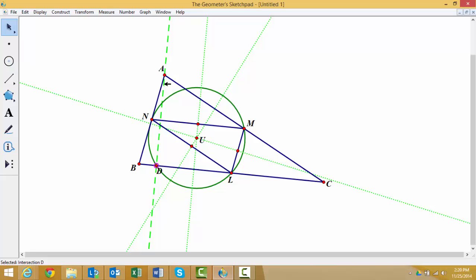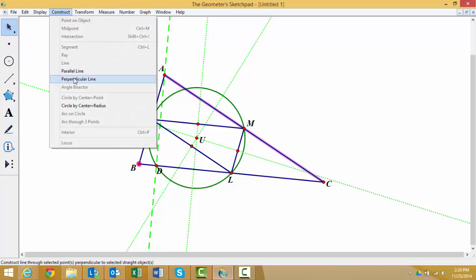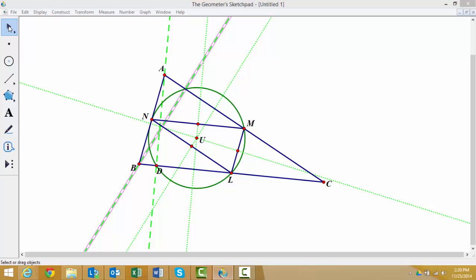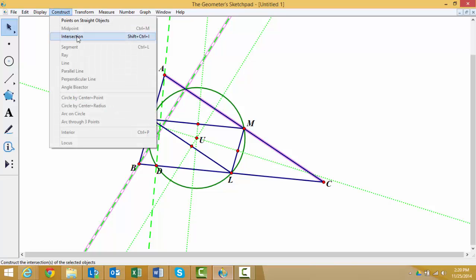So AD is an altitude. I mean AD is perpendicular to BC. Similarly, I'm going to construct the other altitudes, B and then the opposite side, and construct a perpendicular line. Now I take the perpendicular line and then the side and then the intersection.